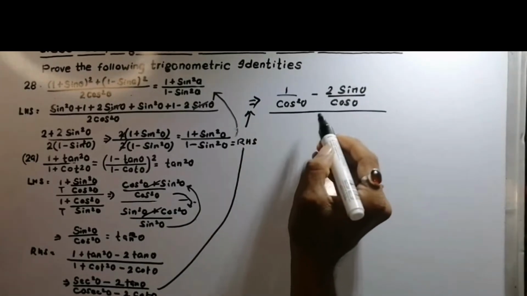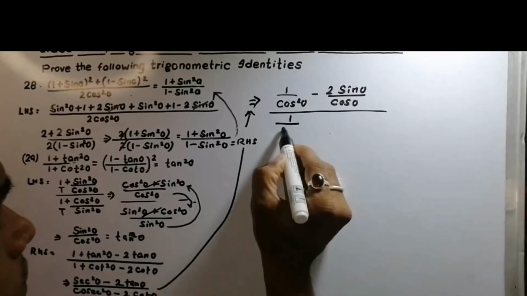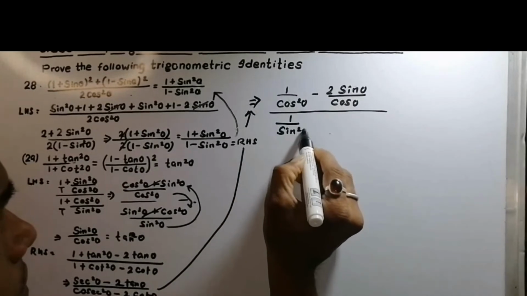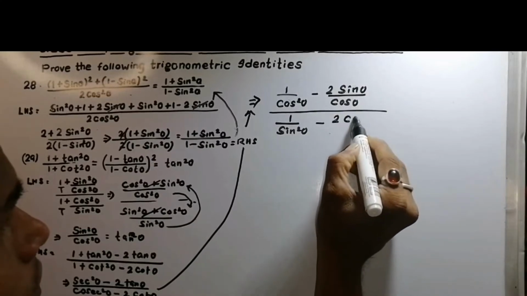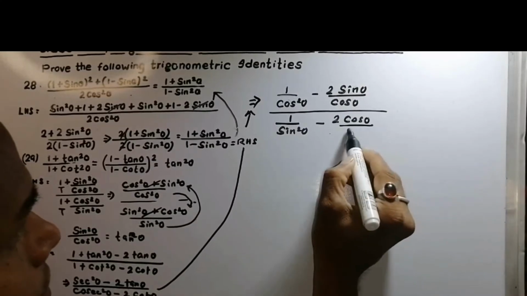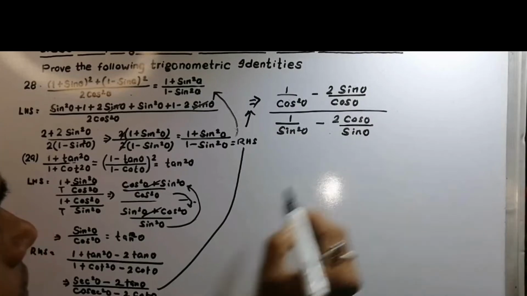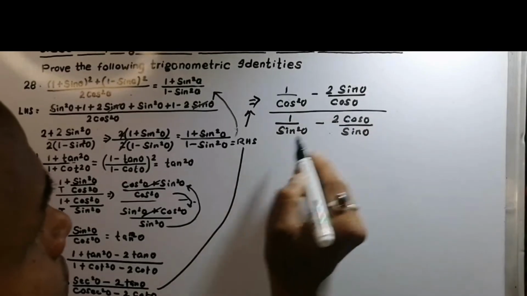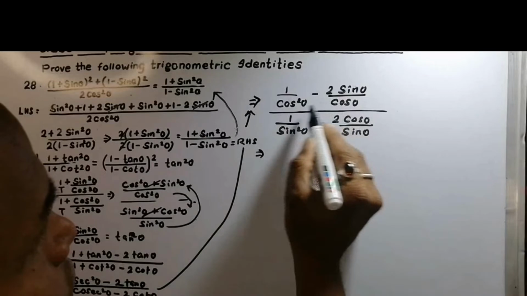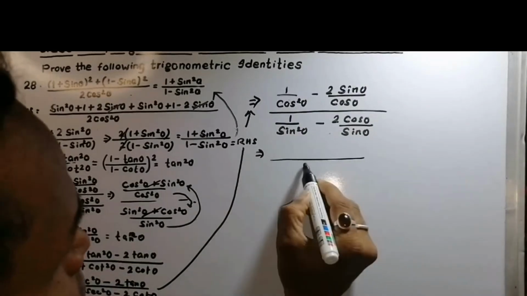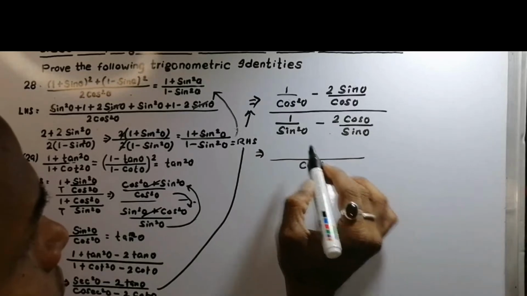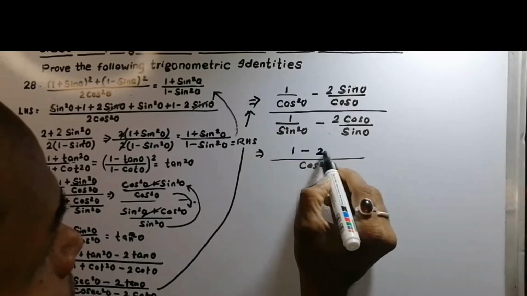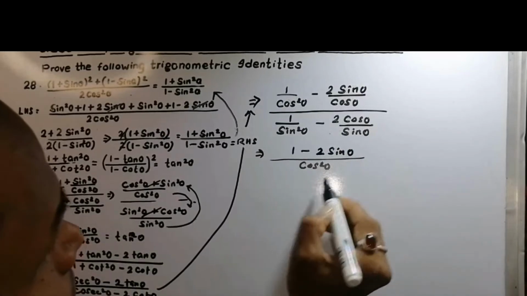Same like that, cosec square theta we can write as 1 upon sin square theta, and 2 cot theta means 2 cos theta upon sin theta. If we take LCM of cos square theta and cos theta, we get cos square theta. Cos square theta divided by cos square theta, we get here 1 minus 2 sin theta.